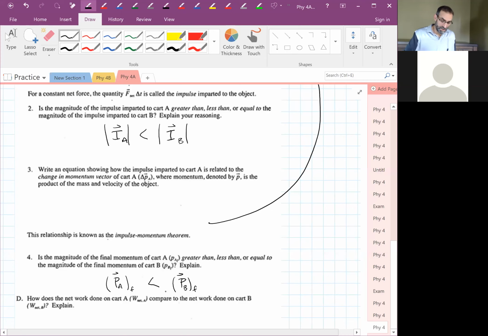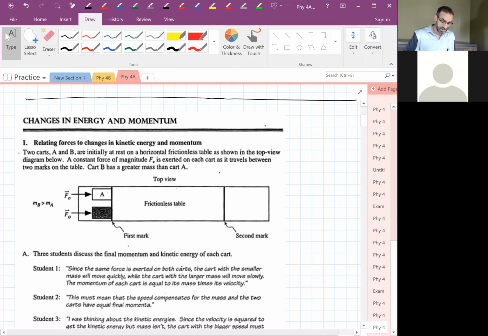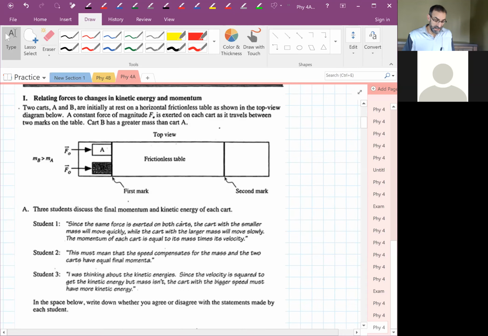So we're answering some of these questions. Student 2 said, this must mean that the speed compensates for the mass and the two have equal final momentum. So student 2 thought, momentum is mass times velocity. One of them has a bigger mass, smaller velocity.